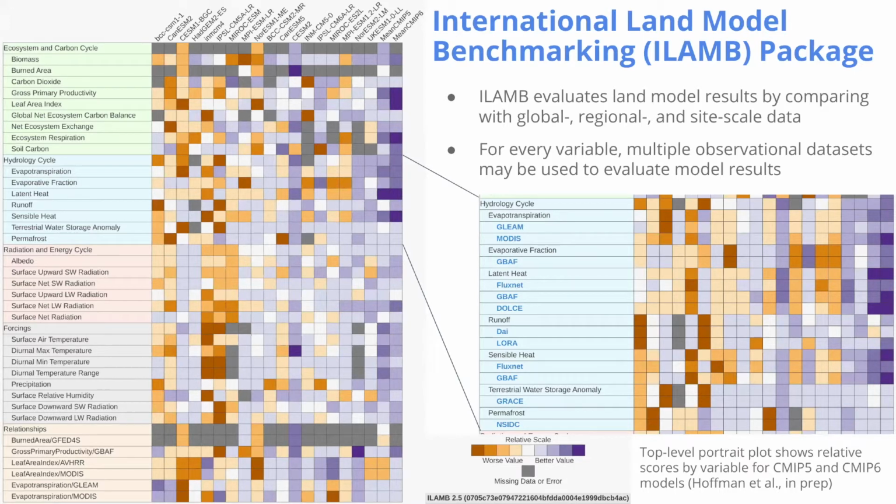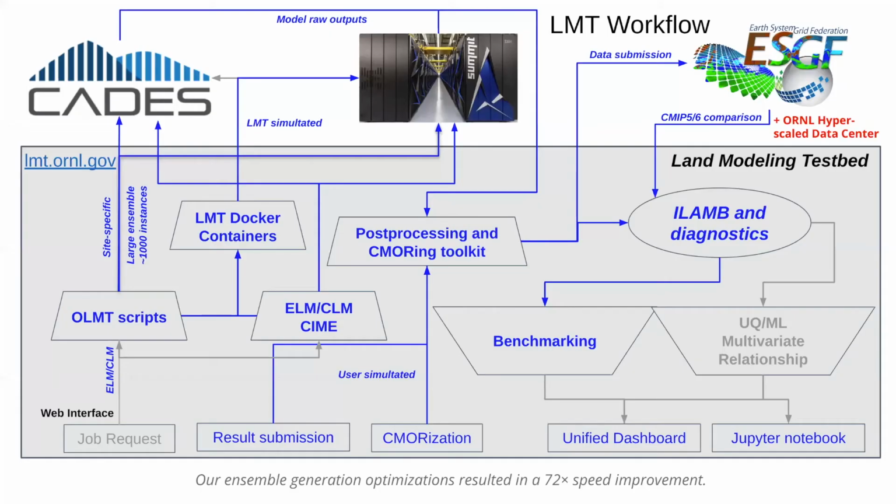We're trying to determine how much models may have improved over the 5 to 7 years in between these CMIP activities, and whether that's attributable to improvements in the forcing versus improvements in the characteristics of the land surface model itself. That sits at the heart of the diagnostics system that we have.